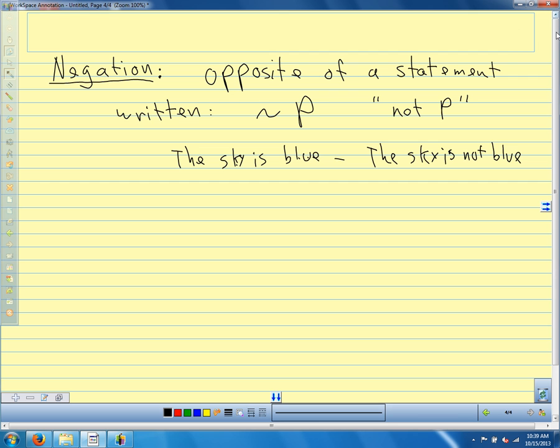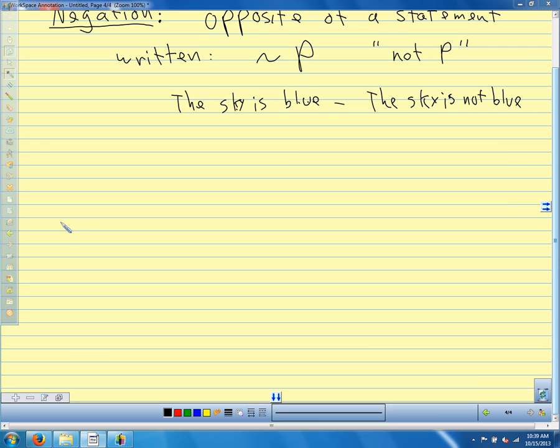So I want to make a little chart here. All of our statements that are related to conditionals. So our conditional, we said, was if P then Q, or P implies Q. Our first relative of a conditional is called the converse.